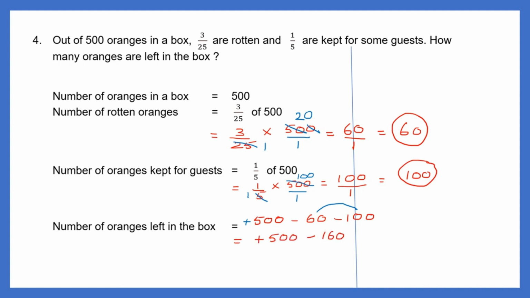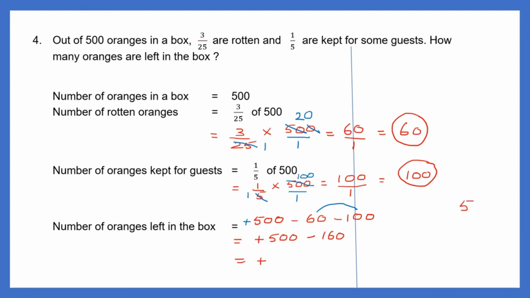How did I get minus? When signs are the same, put the same sign. So minus 60 minus 100, I have put the same sign. Now minus these, we have two numbers here. When signs are different, put the sign of the bigger number and subtract. So minus these two.